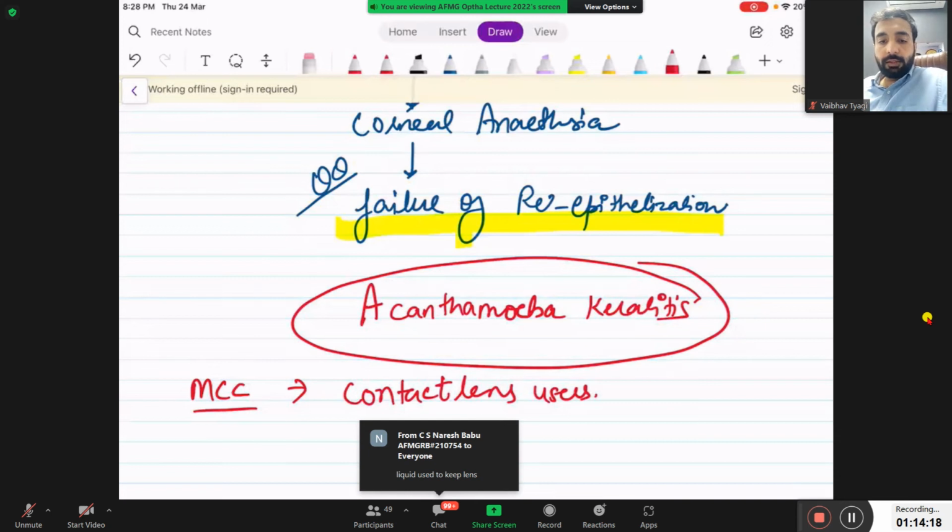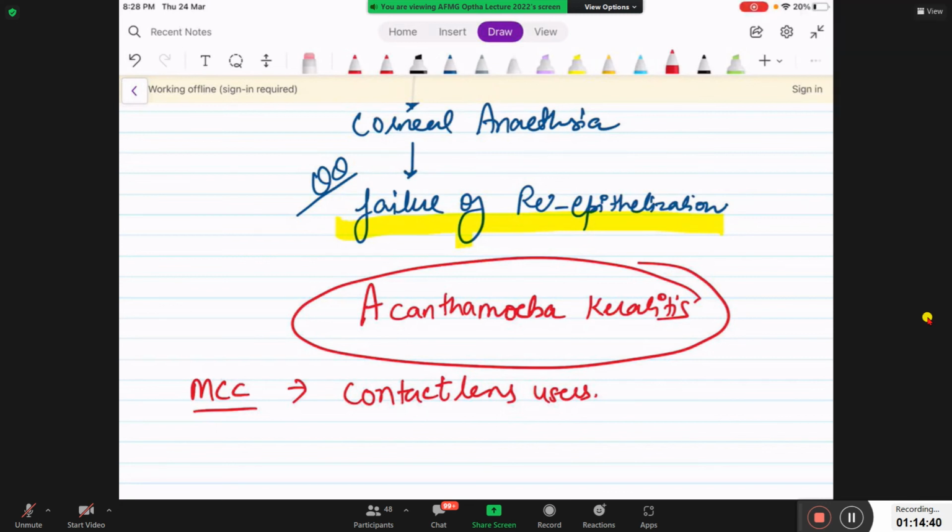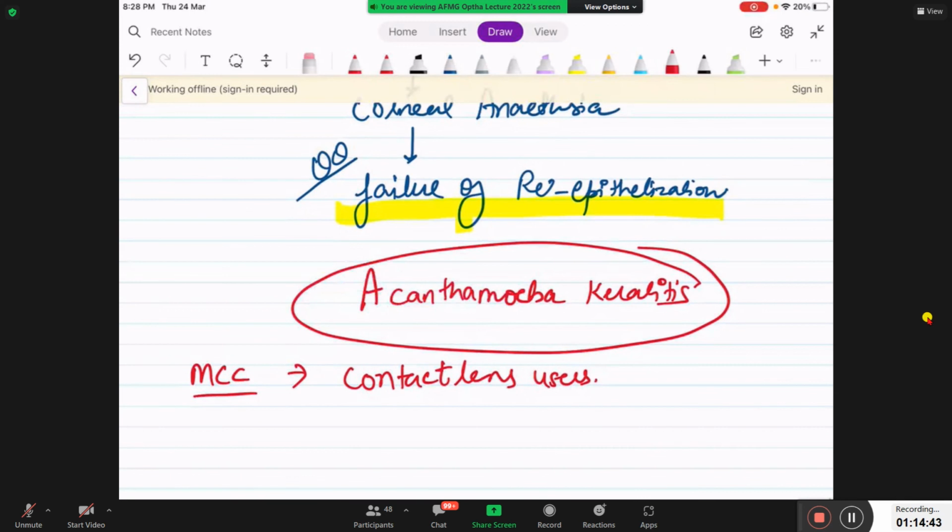Is it the liquid used to keep the lens? Yes, right. So the problem lies in the contact lens solution. You have to regularly change these solutions and they should not be contaminated. You should not wash your contact lenses with normal tap water. So the most common cause of acanthamoeba keratitis is contact lens users.